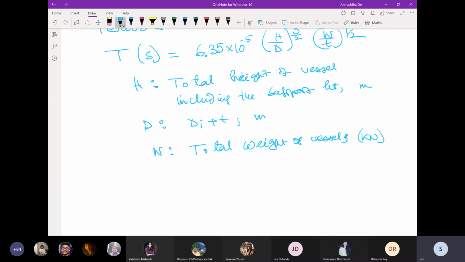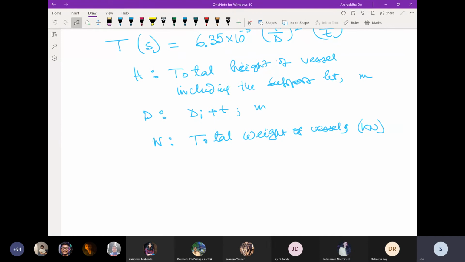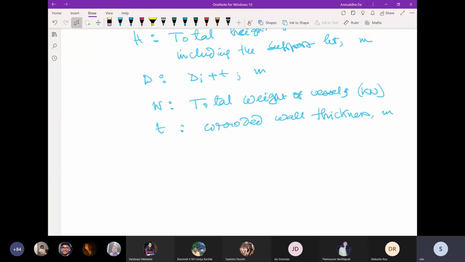So units are very important because this relation is basically an empirical relation. T is the corroded wall thickness, which is the standard wall thickness minus corrosion allowance, in meter. So sigma ZSM is given as 4ms divided by pi t (di plus t) into di.